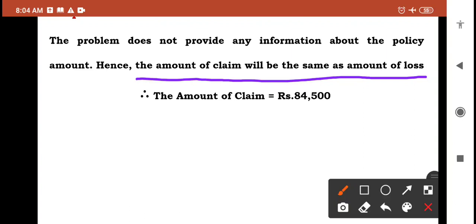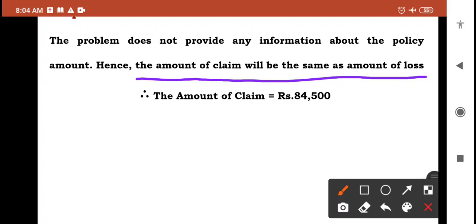Whatever stock is actually lost due to the fire accident should be considered as the claim amount, because the policy amount or average clause is not mentioned in the question. Whenever the policy amount is not mentioned, that should be considered as over insurance.